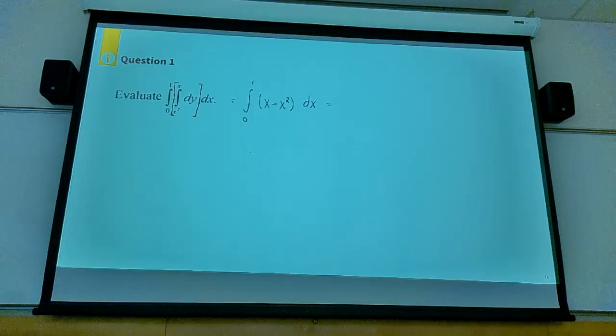How did we evaluate integrals from Calc 1? What was the theorem called? What was the theorem used to evaluate integrals in Calc 1?